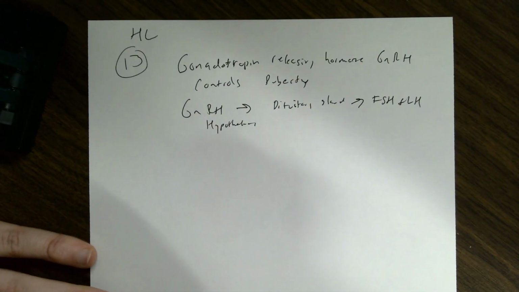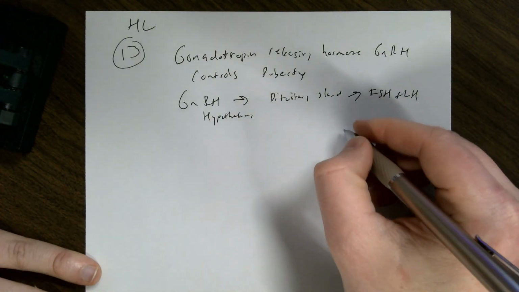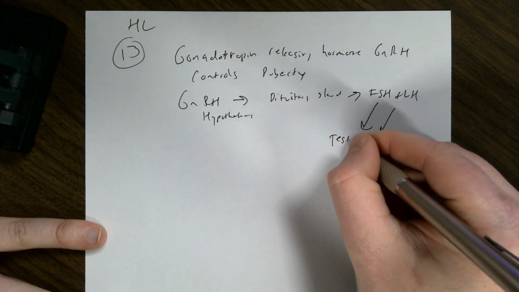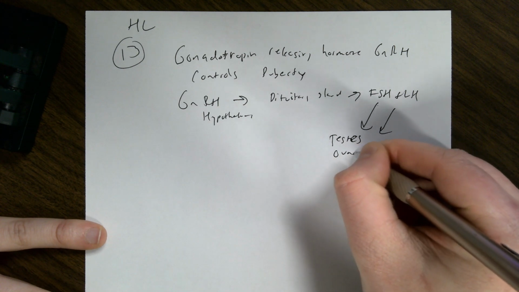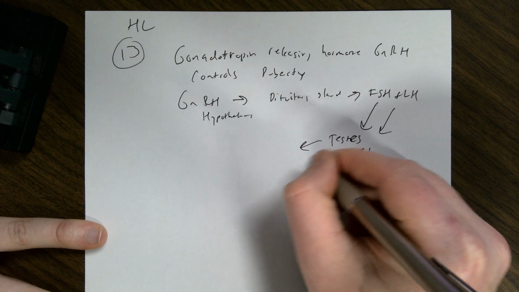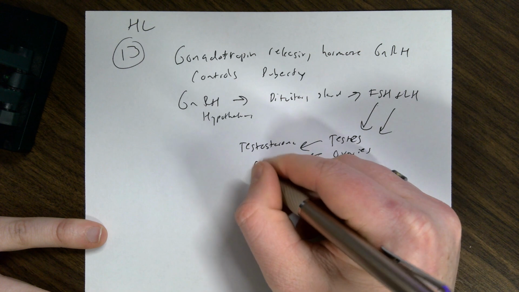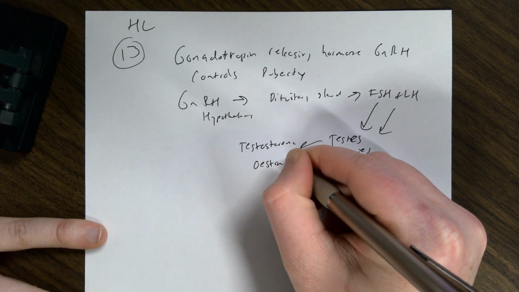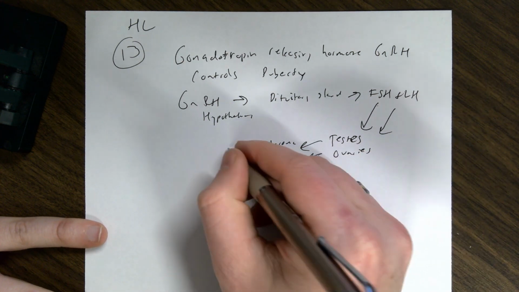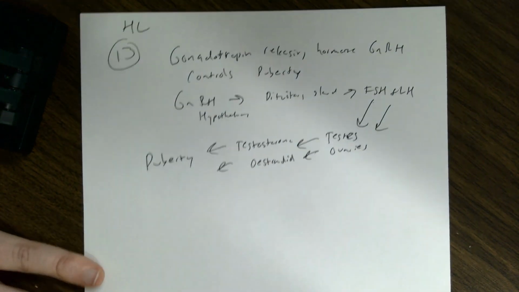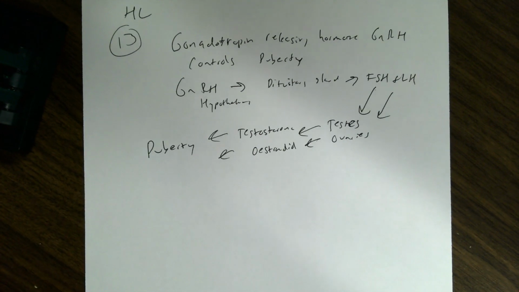These are both gonadotropins, which means they act on the gonads. And so then these two will go act on either the testes or the ovaries, and they will cause the secretion of testosterone or estradiol. And so then these will lead to puberty. And so they cause like the growth of hair, they cause the development of secondary sex characteristics, etc. Acne.